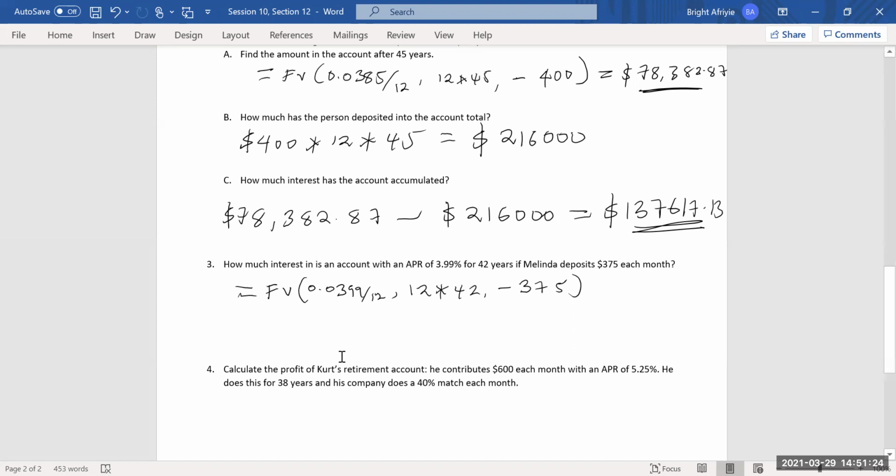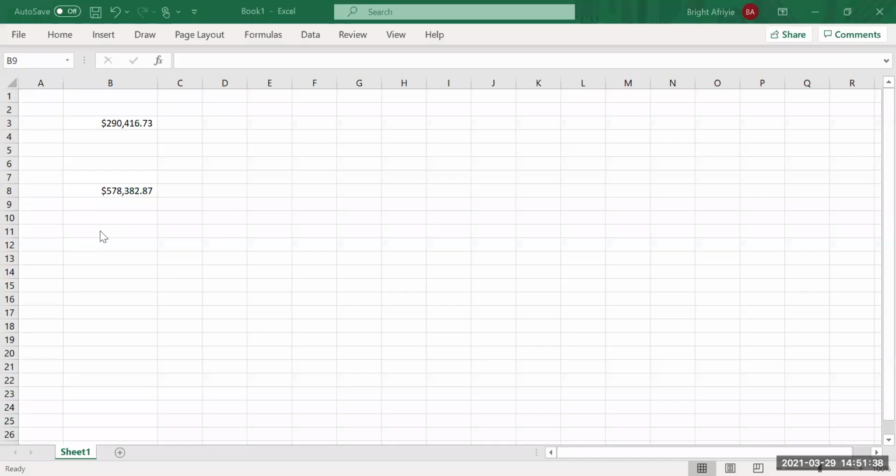So we actually want to find the interest. So you put this in Excel first. Is that okay? So let's go and put that in Excel and know the balance. So we'll put equal sign FV. All right, and then we do 0.0399 divided by 12, comma.